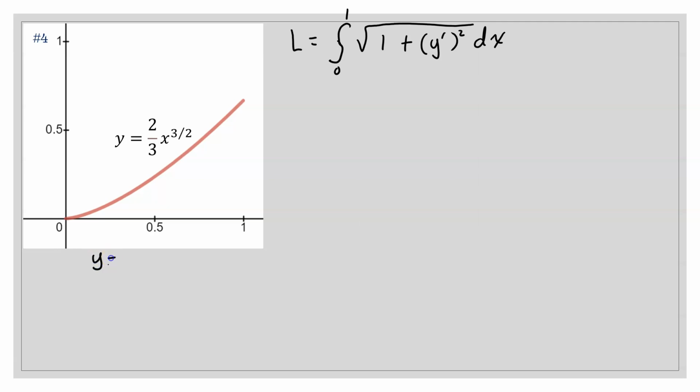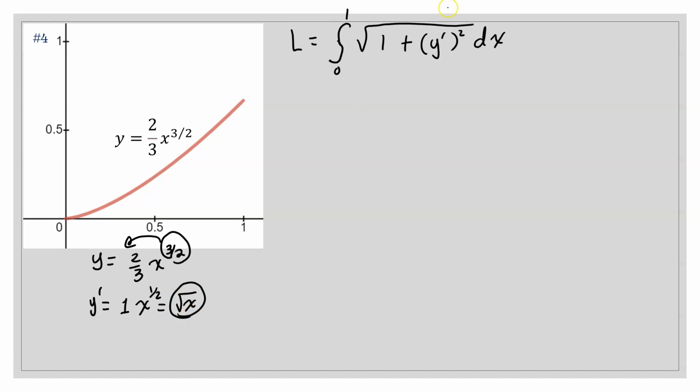Well, if y is 2/3 x to the 3 over 2, then for the derivative we would move the exponent down, where 3 cancels with 3, 2 cancels with 2, we just have 1 x, and then 3 over 2 minus 1 is 1/2, which is just the square root of x.